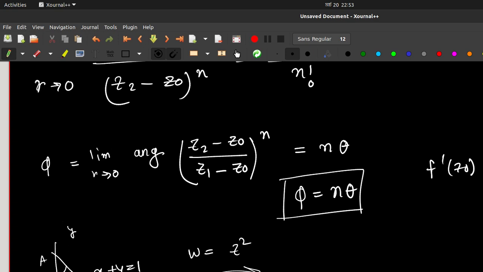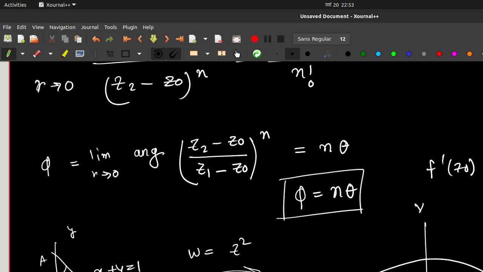So you have to use these lines, that is the lines which bound this triangle, and if you apply them over here, this will give you this kind of transformation, and the picture on the UV plane will look something like this. So you will have an arc type of thing here.